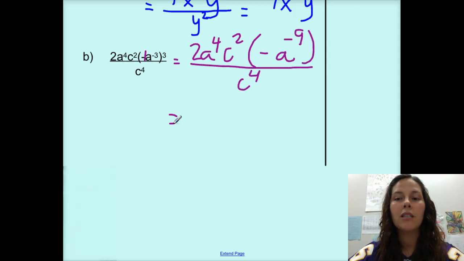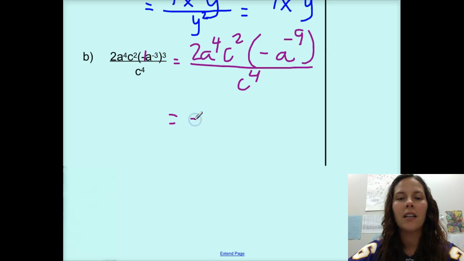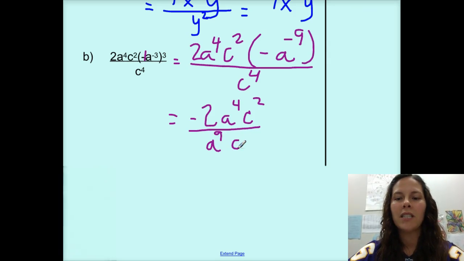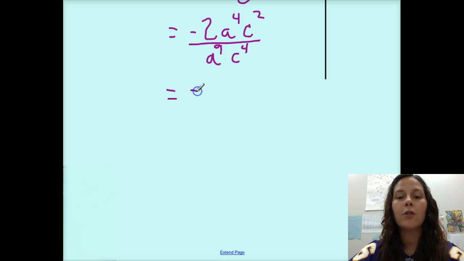Now I'm going to multiply my 2 by the negative 1 to get a negative 2, a to the 4th c squared, and I'll flip that a to the negative 9 to the denominator and make it positive with my c to the 4th. Simplifying my negative 2, I have nothing to combine it with.